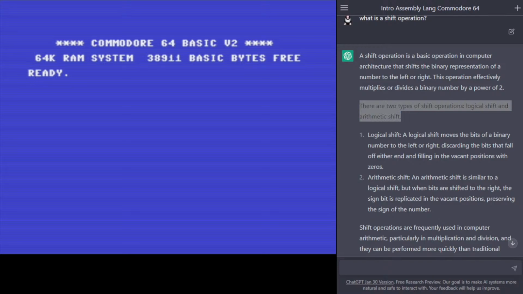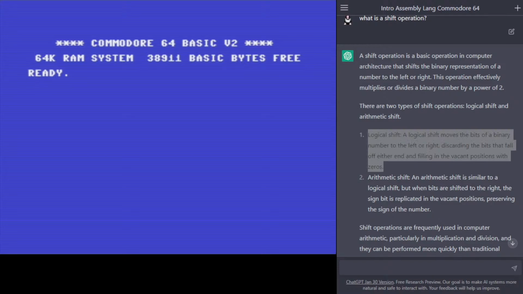There are two types of shift operations: logical shift and arithmetic shift. Logical shift. A logical shift moves the bits of a binary number to the left or right, discarding the bits that fall off either end and filling in the vacant positions with zeros.